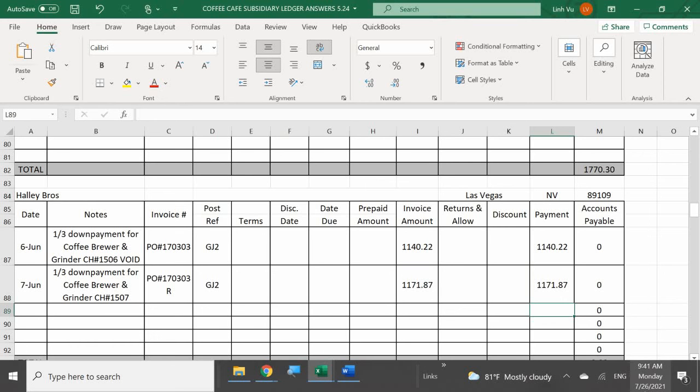While I don't owe them any money either because, first off, I haven't even seen the bill yet. It hasn't even come to me yet. So I want you to just enter in this transaction just like I have it. It will make sense when we receive our first bill for the coffee brewer and the coffee grinder. And that's that right there.